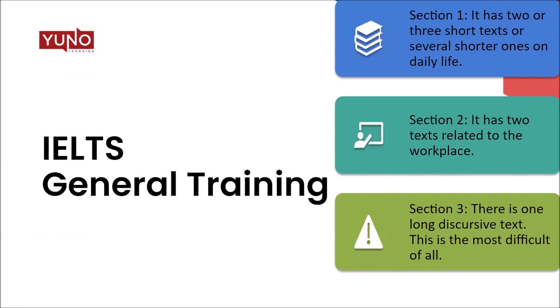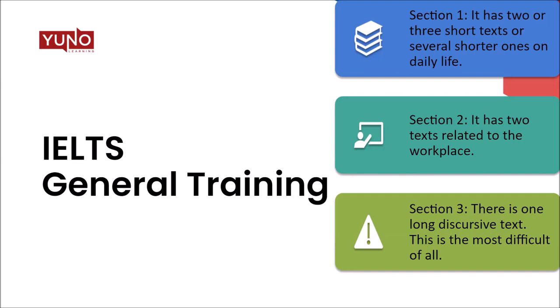Now in section 2, you get 2 texts, and both of them are related to the workplace. So they can be about the policies in an organization, or the way you should apply somewhere, or maybe the way one gets leave in an organization. So based on such things, the texts are given to you.